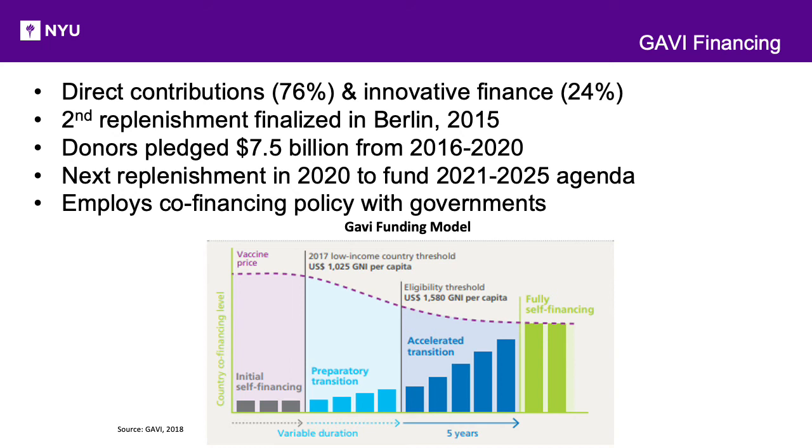And the size of the co-financing contribution is based on the country's ability to pay, as measured by the gross national income per capita. So it can be, let's say, around 20 cents per dose per child for the particular vaccination for the lowest income countries.